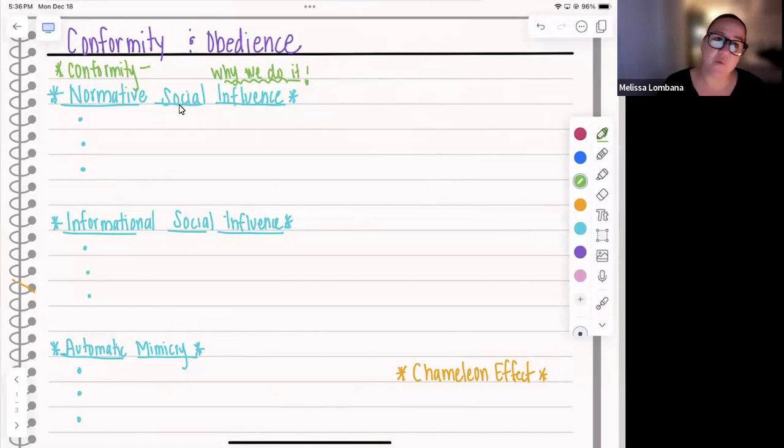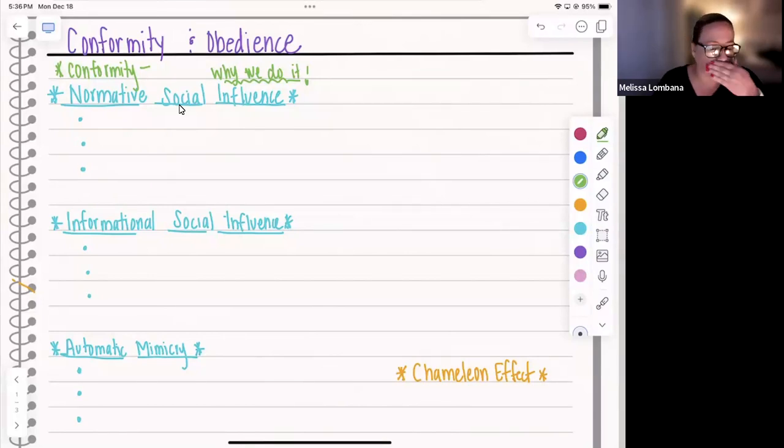And then the second reason why we tend to conform is what's called informational social influence. So this is when we're in a group and they give you information to solve problems, and we tend to go with that as long as it's a group that we assume to be right, or that we trust.